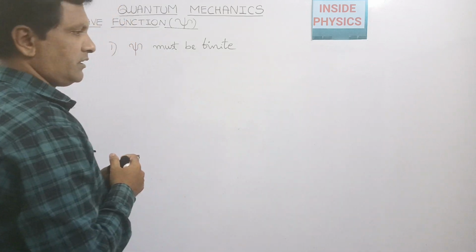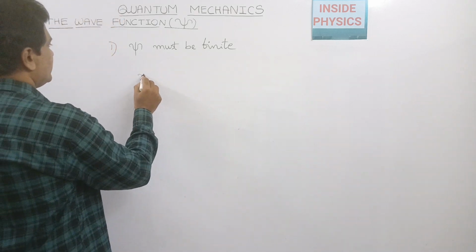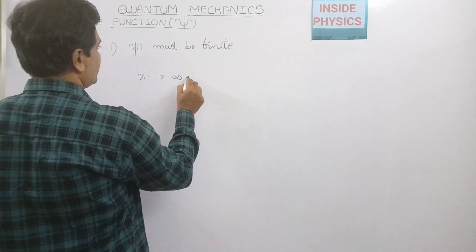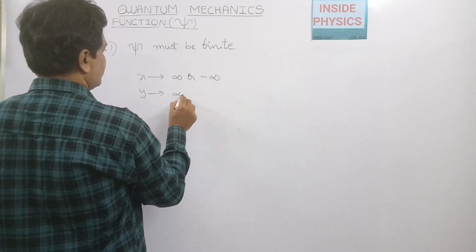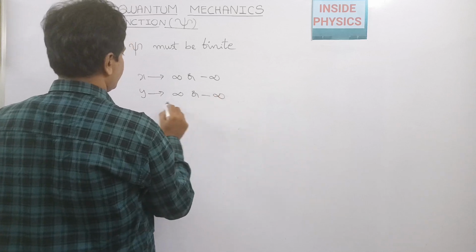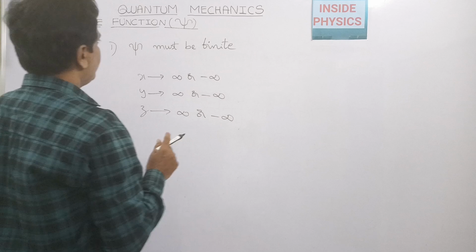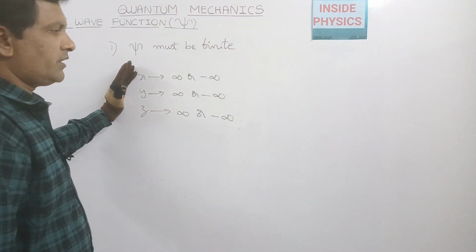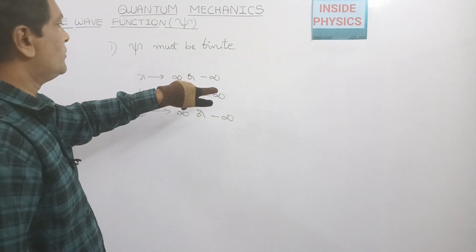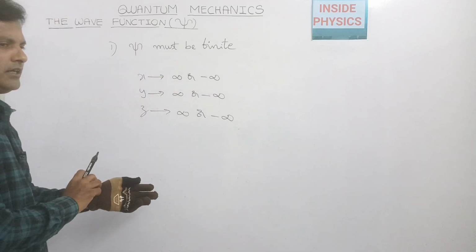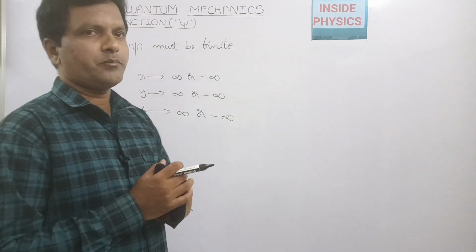Even though we consider the limits of finding a particle as infinite, that means x tends to minus infinity or infinity, y tends to infinity or minus infinity, similarly z tends to infinity or minus infinity, even though the coordinates extend to unlimited space, the psi value must be finite, because psi is always signifying the probability.